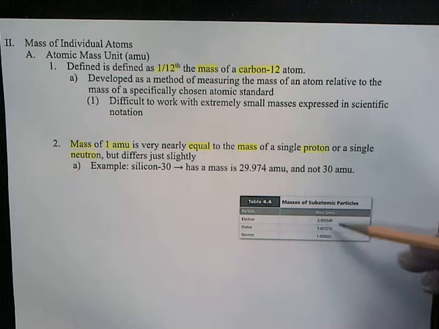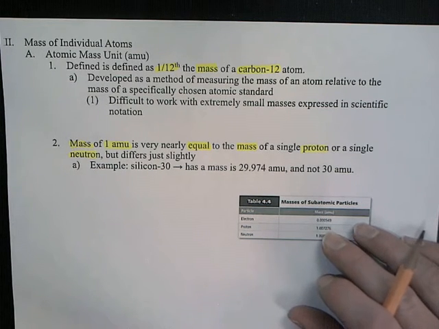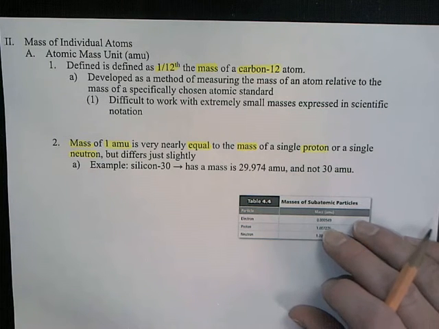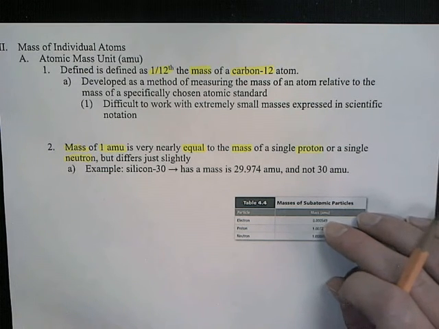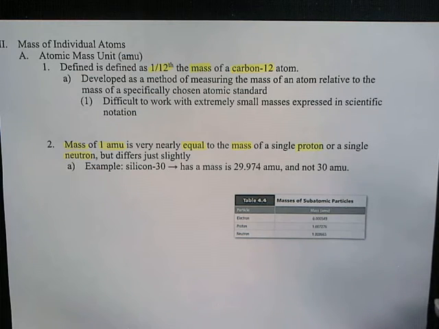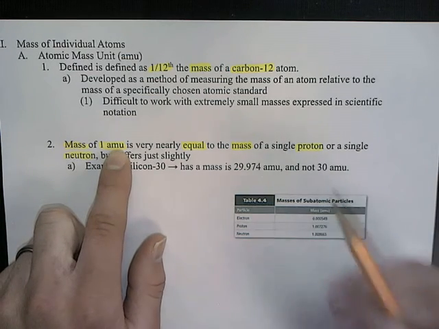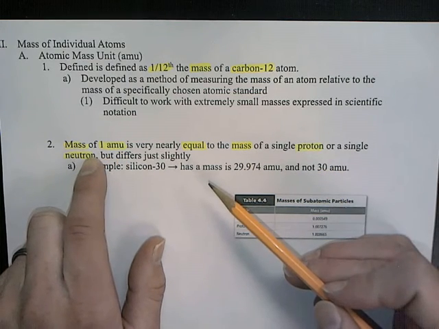So I want you to notice here, these values in this table, you can see it a lot better on your chart, but these numbers for a proton and neutron are very close to 1. Yes, they have some decimals past it, but they're very close to 1. Over here, notice how the electron has many, many zeros past that first decimal point. So the mass of the electron is very, very small and doesn't really need to be included. 1 AMU is relatively equal to the mass of one proton or neutron.